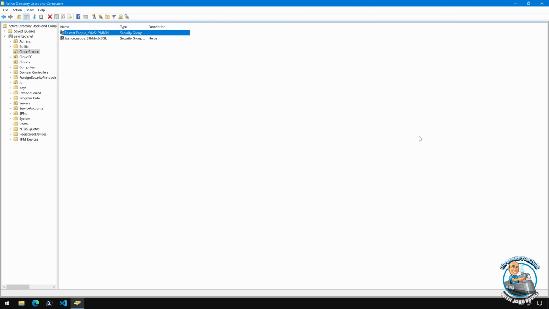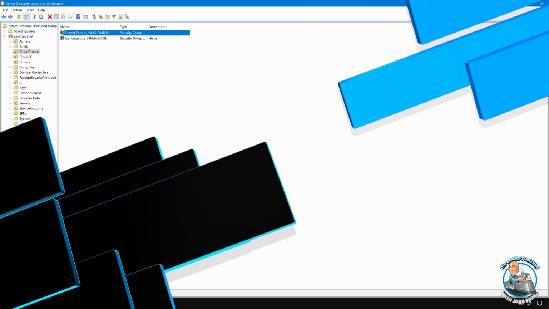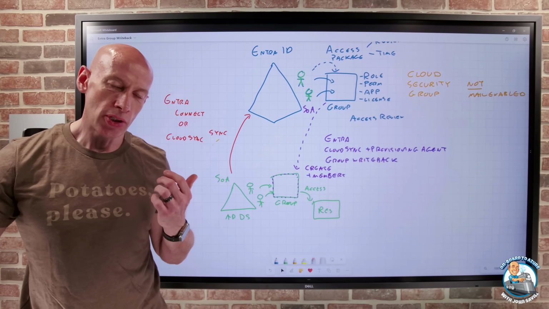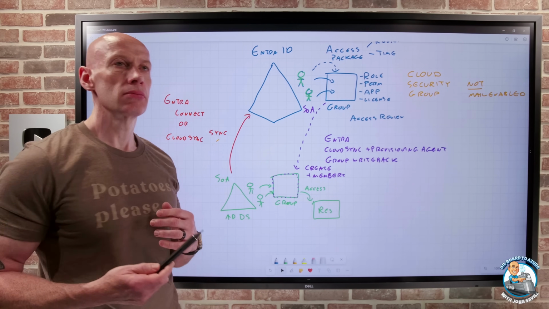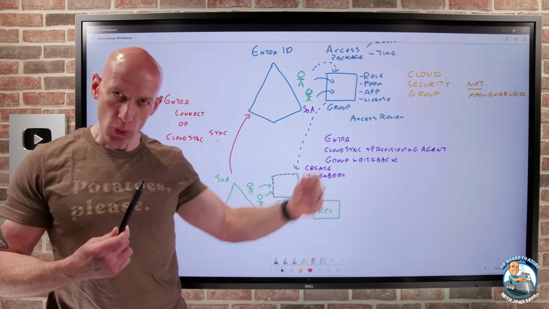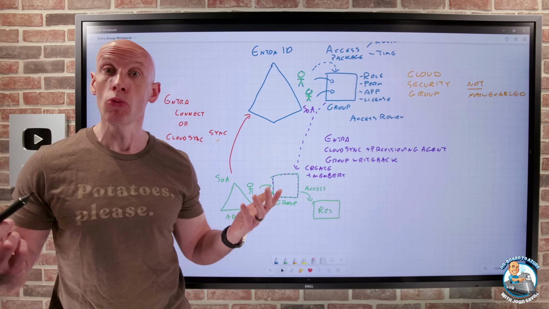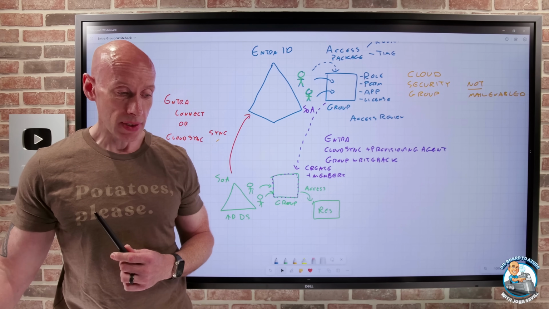And again, if I change the membership, if I remove people, if I added people, it would typically show up in about 20 minutes unless I wanted to go and do that provisioning on demand. And then, hey, I'm forcing that to happen in near real time to go and get those updates.